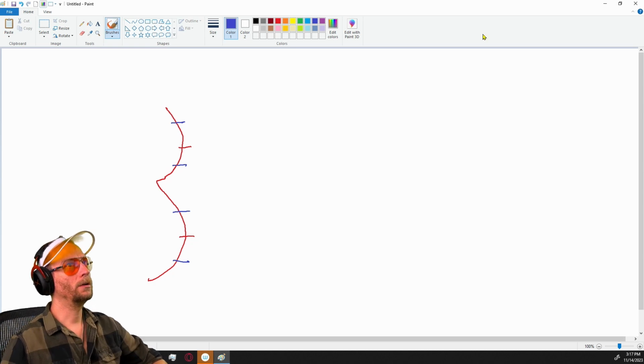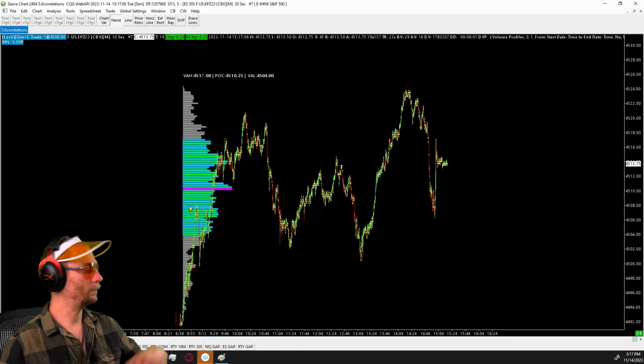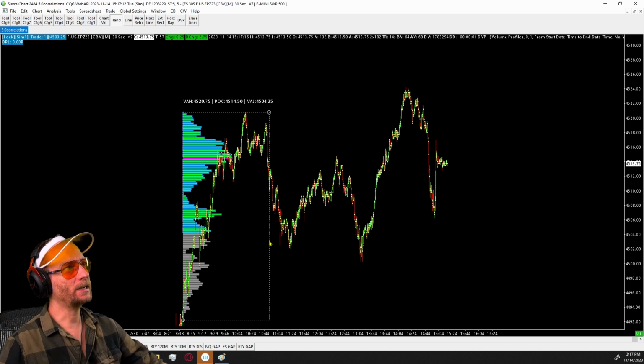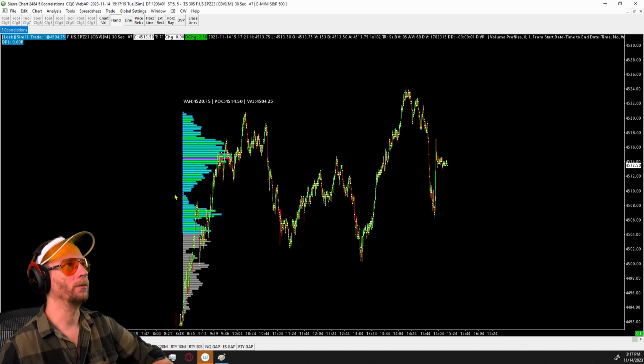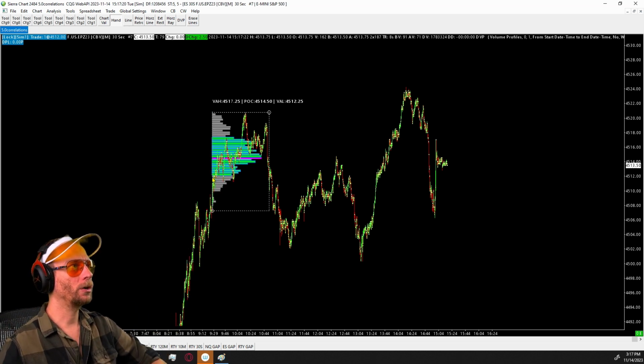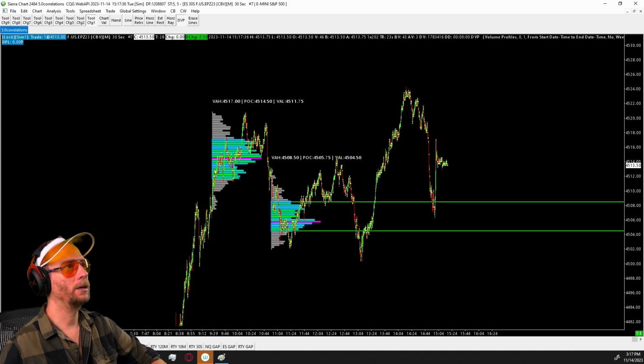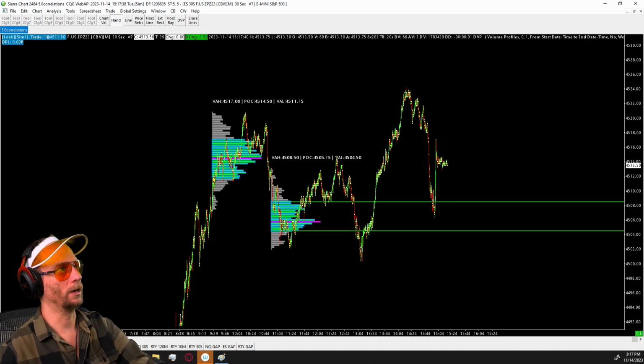Now, what I want you guys to understand is that these value areas are wrong. So it's technically the blue on here, but that's measuring all the volume. What would happen is if we took the profiles, and this is why I cut the profiles up often, you would see that the value areas are right here and right there as well.